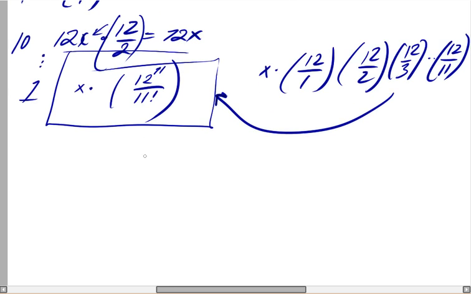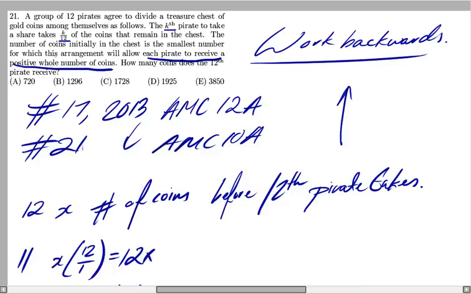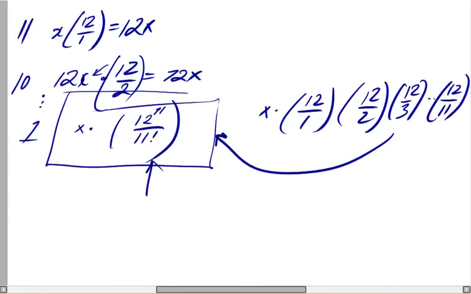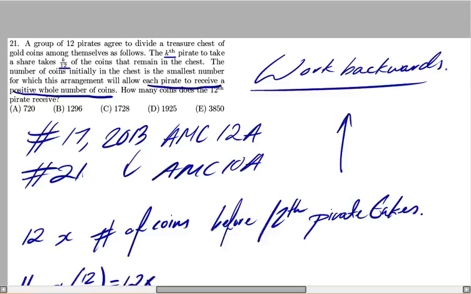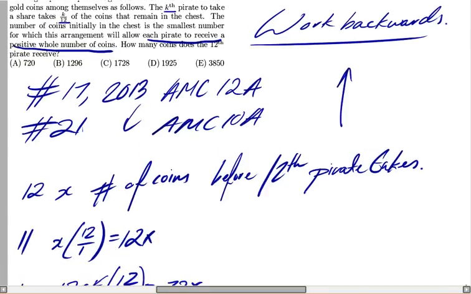Now, we want the smallest number so that this would be an integer, right? The smallest number initially that will allow each pirate to receive a positive whole number of coins.